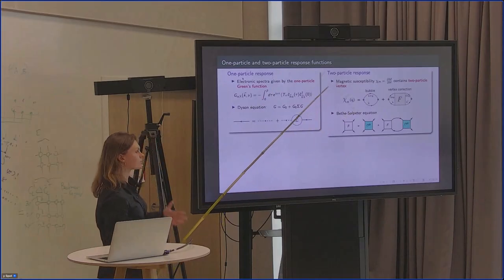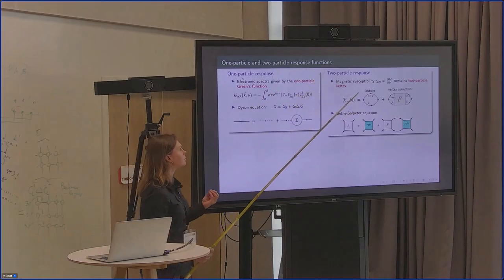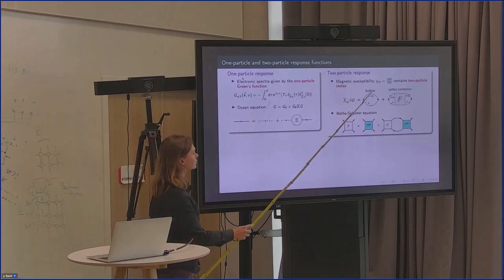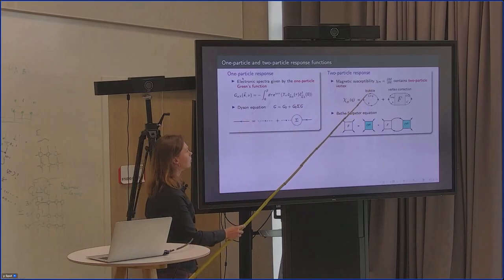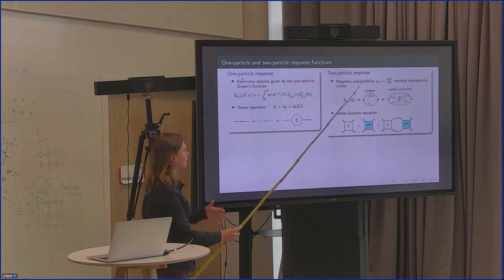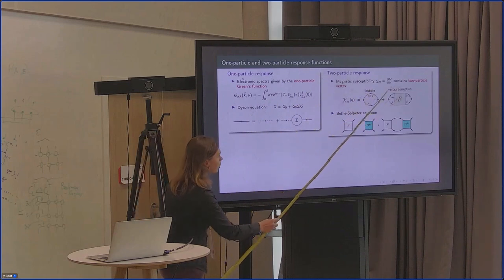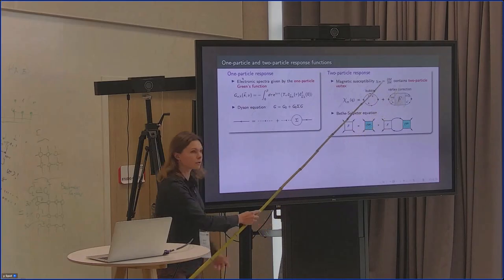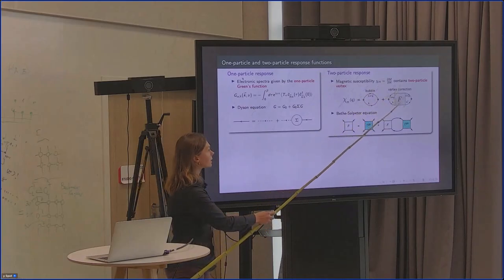But this is a so-called two-particle quantity. It means that if I want to build diagrams for that, I need to take into account the moving of two particles in my system. So I also have all kinds of correlations between the two moving particles, which means I also have something we call the two-particle scattering vertex.